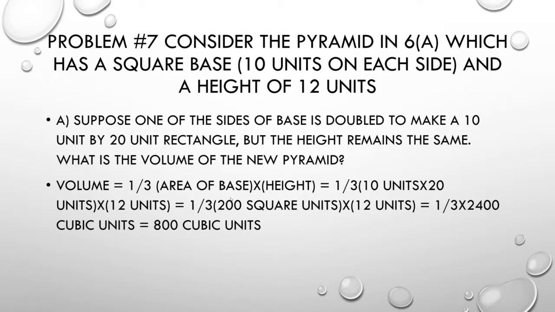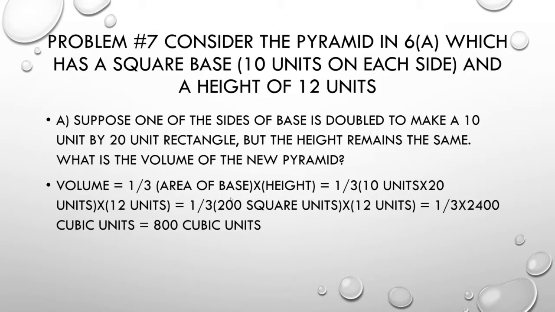Remember that to find the volume of a pyramid, we use the formula 1/3 times the area of the base times the height. This gives us 1/3 times, and then to find the area of the base, since it's a rectangle, we multiply 10 units times 20 units, and then we multiply that by the height, which is 12 units.